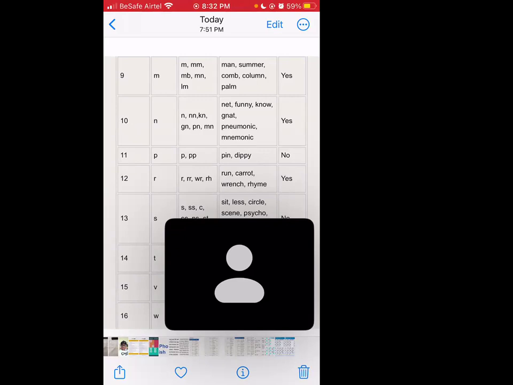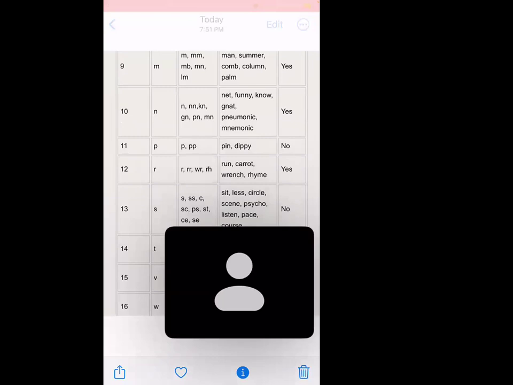The next sound is P. Now this sound is found in words with letters P or double P. So for word examples you have pin and then dippy. This sound is not voiced, it is voiceless.